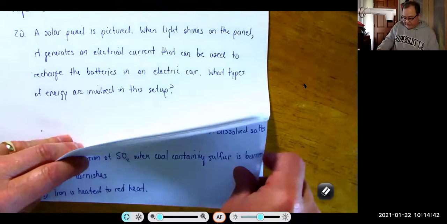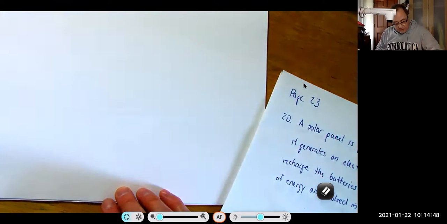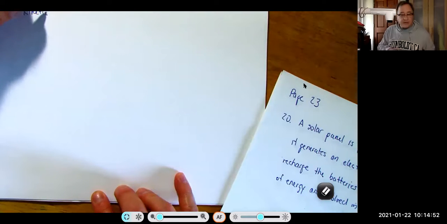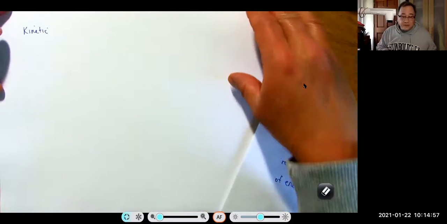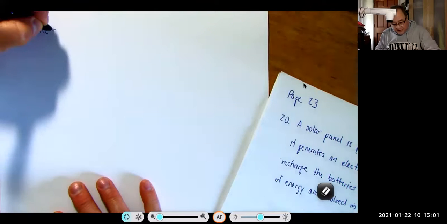And so what I'm going to do here is I'm going to give you the quick spiel on types of energy. You need to know this. And, you know, it's very common for me on an exam to ask questions where your answer is going to be a list or short descriptions. So kinetic energy is the energy of motion.